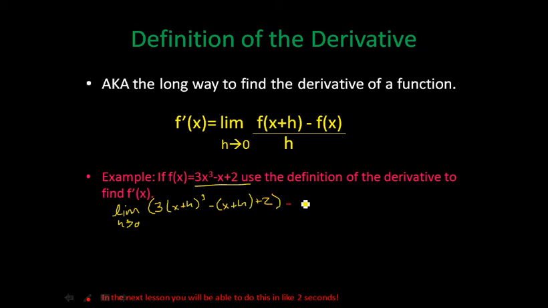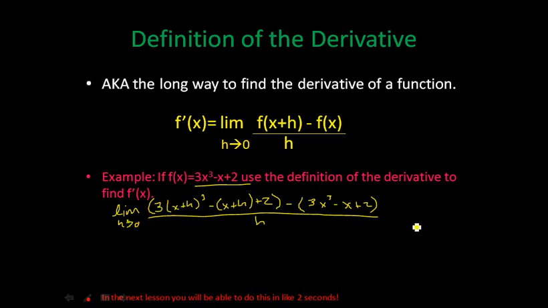And then we're going to subtract f of x, which is just the function. So minus 3x cubed minus x plus 2. And then just all of this over h.